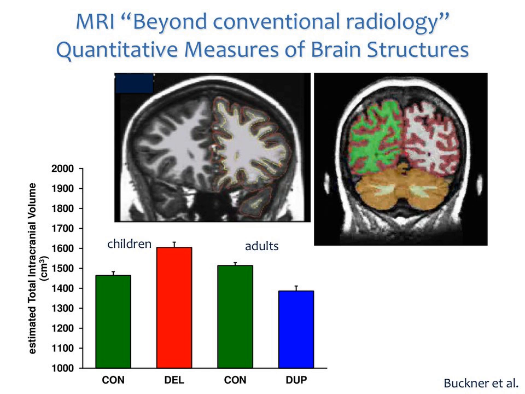So with MRI, we can go beyond simply looking at qualitative structural differences and look at measuring the actual volume of brain tissue. And so in this work from Randy Buckner, using computer algorithms to trace out the gray and white matter, it was possible to elucidate that in the group of individuals with a 16p deletion, we saw an overall increased intracranial volume, that is a slightly larger brain in the children with the deletion, and in fact a commensurately smaller brain in the adults with the duplication.